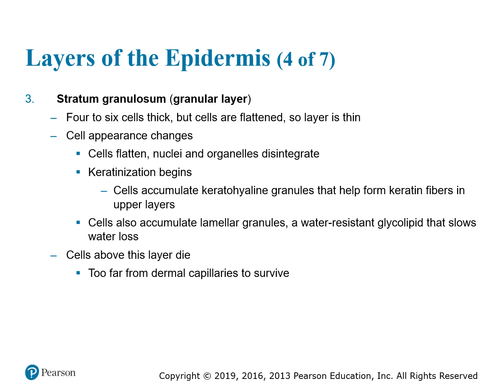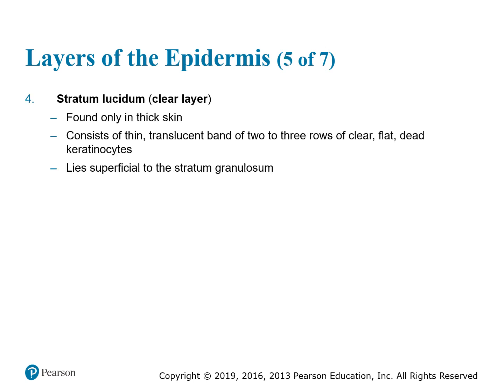And so they're going to take up these keratohyalin granules that will eventually organize into the fibers. You also see the inclusions of lamellar granules at this point. This is a type of glycolipid that is helping to waterproof that outer layer. And the cells are still alive at this point, but not for long. At this point, we're too far from that dermis layer to actually continue on.